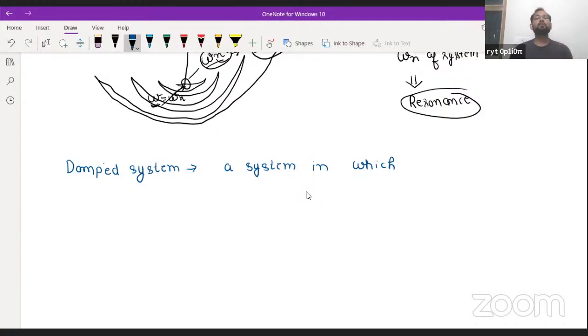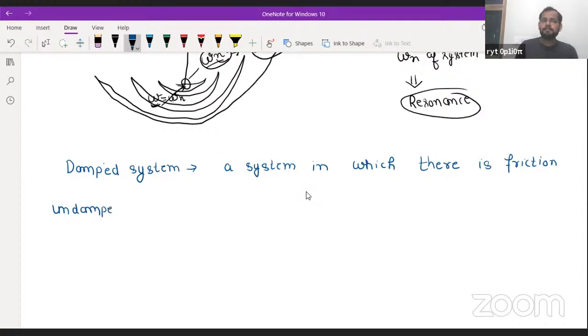So corresponding to that friction force, our system reduces its energy in each successive cycle, and our system comes to rest. So damped means a system in which there is friction force only. Fine. So now what do you understand by undamped?